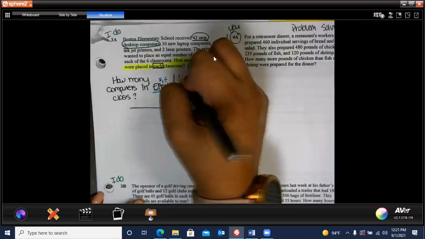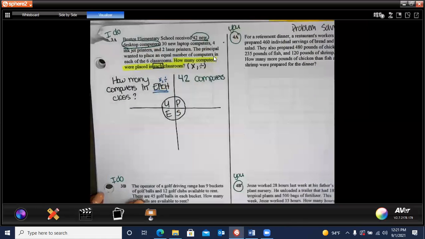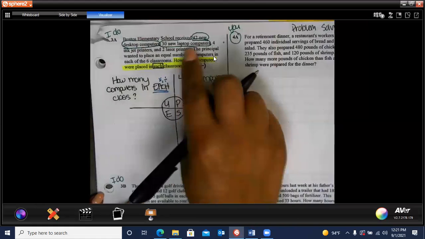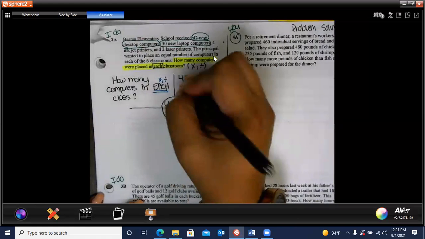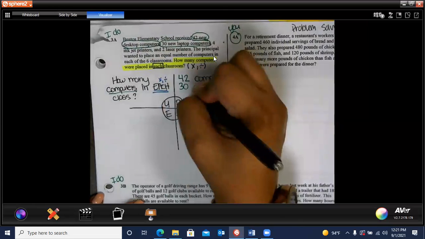So we have 42 computers. Any other number? 30 laptop computers. Yes, they're laptops, but they are computers. They are asking us for computers. So we have 30 computers.